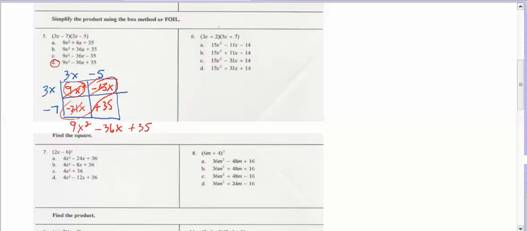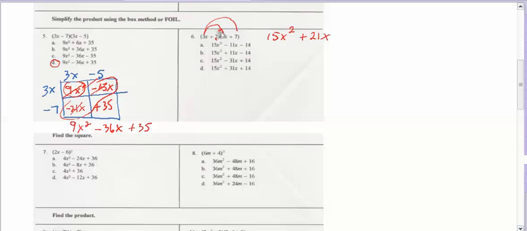Okay, the next one. Let's go ahead and just do this one, the FOIL method. I'm going to multiply this times that, and I get 15x squared. Then I'm going to multiply this with the 7, so I have positive 21x.